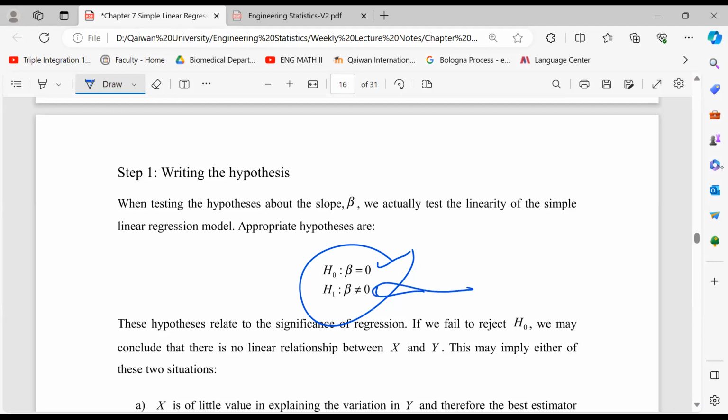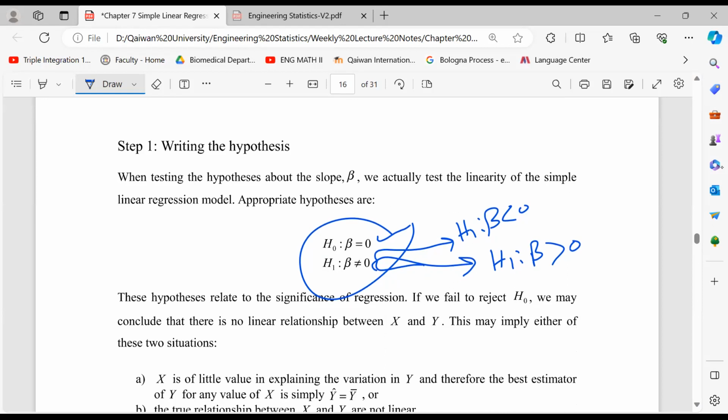Only the alternative hypothesis is going to change: H1 becomes beta is greater than 0. What if there's a negative slope? Here, H1 becomes beta is less than 0. That's everything here. In this step, we just write down the null hypothesis and the alternative hypothesis.